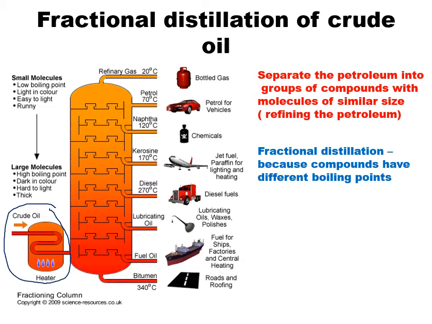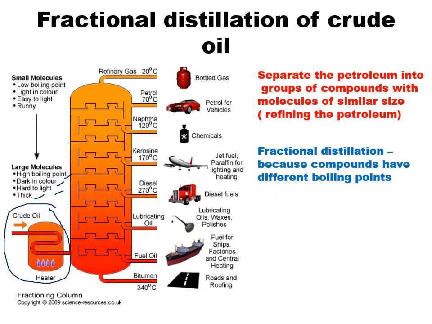But if you go down to the bottom of the fractionating column, you have the bitumen. The ones placed at the bottom of the column usually have higher boiling points, they are darker in color, hard to light, and very, very thick.